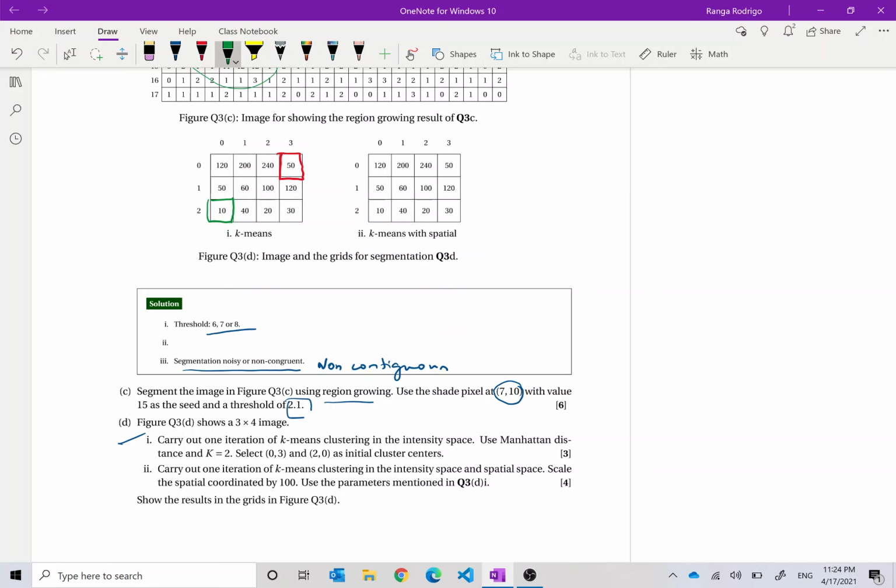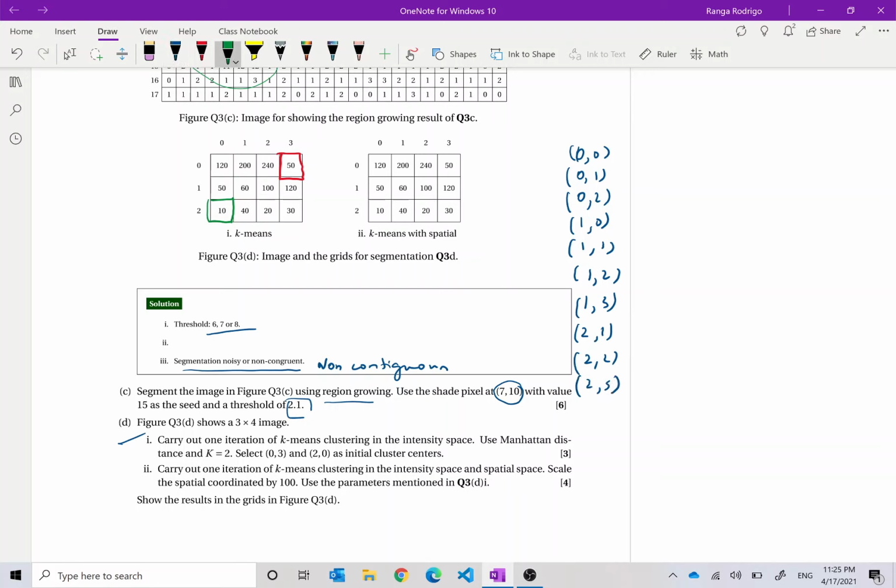Let's consider all the pixels. So we have the pixel 0,0, then 0,1, 0,2, of course 0,3 is in the red cluster, 1,0, 1,1, 1,2 and 1,3. Then 2,0 is already in the green cluster, 2,1, 2,2 and 2,3.